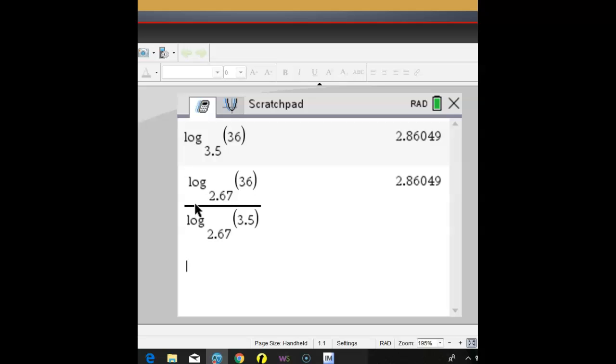Notice what we get. That change of base formula allows you to change your base to anything. But because we have scientific calculators, we're going to be changing our base to either 10, the common log, or e, the natural log, to evaluate these.